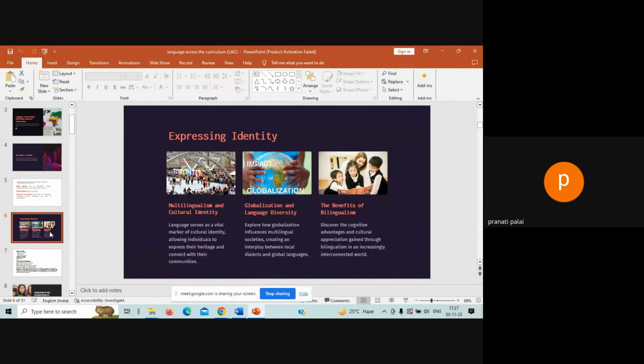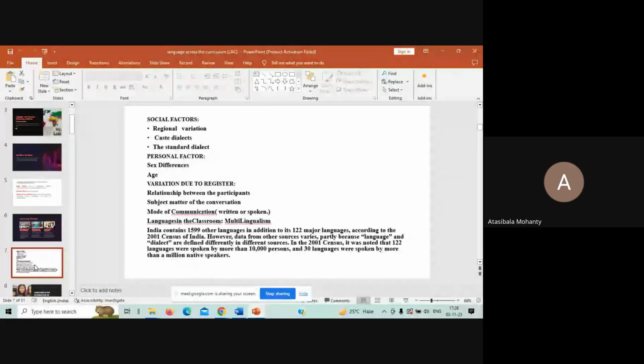Next is the benefits of bilingualism. Discover the cognitive advantages and cultural appreciation gained through bilingualism in an increasingly interconnected world. So, what do you mean by the term bilingualism? Ma'am, using two languages at a time, along with mother tongue and another language.